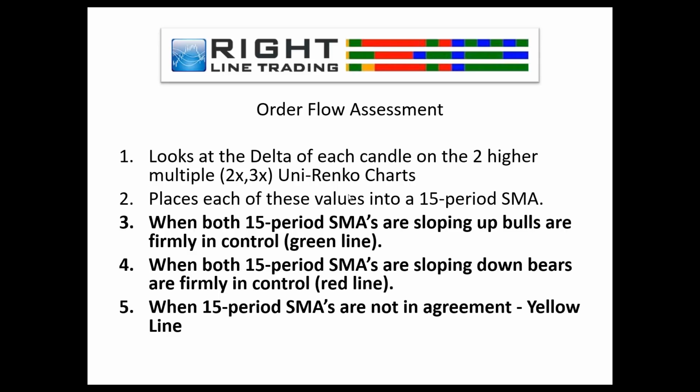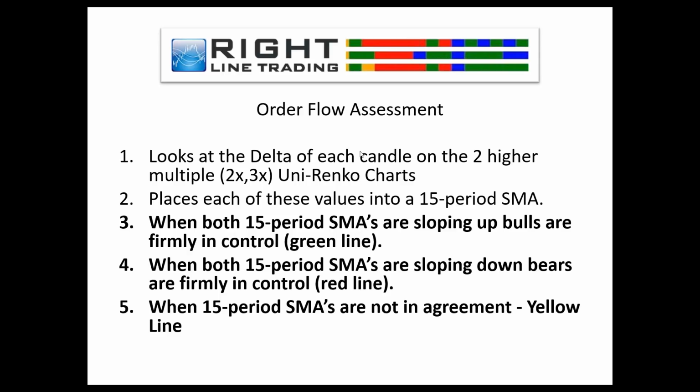What we do is place each of those market delta values into a 15-period simple moving average. By taking 15 different deltas and averaging them over 15 periods, we filter out the outliers. So when both 15-period SMAs are sloping up, there's tremendous buying pressure in the market.